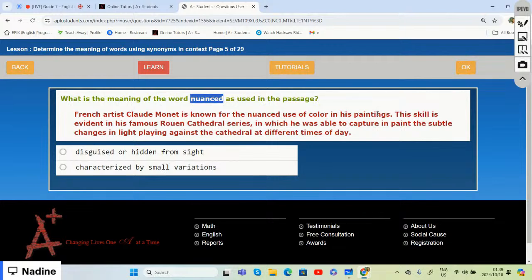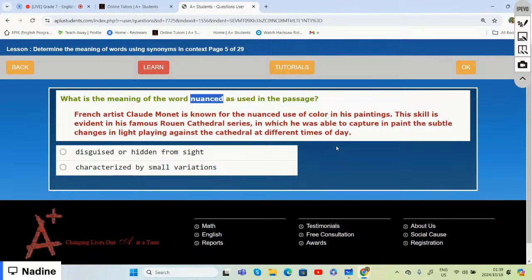This skill is evident in his famous Rouen Cathedral series, in which he was able to capture in paint the subtle changes in light playing against the cathedral at different times of day.